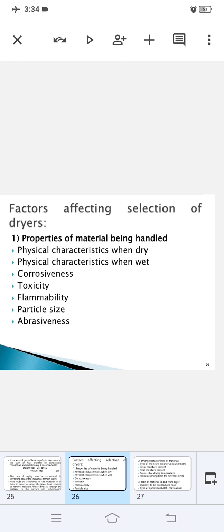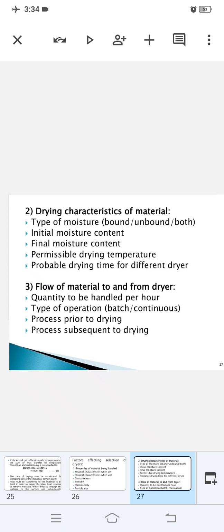Next is the drying characteristics of the material, that is, what is happening when the drying process is taking place. What type of moisture is present in the material, meaning bound water, unbound water or both? Then the initial moisture content.